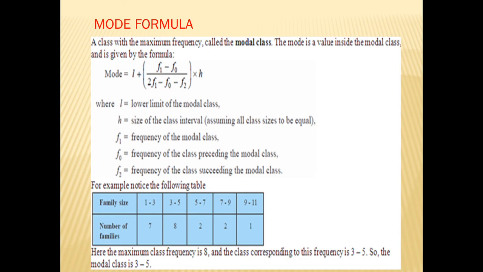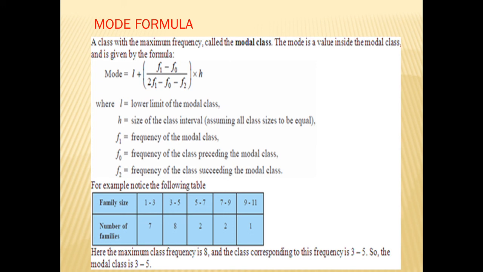Now this is the mode formula. The mode formula is L plus F1 minus F0 by 2F1 minus F0 minus F2 into H. Before writing the formula, you are supposed to identify the modal class. The modal class is the class interval with the maximum frequency.